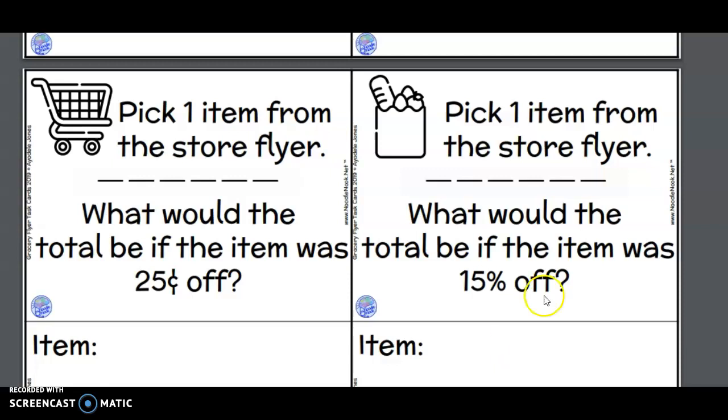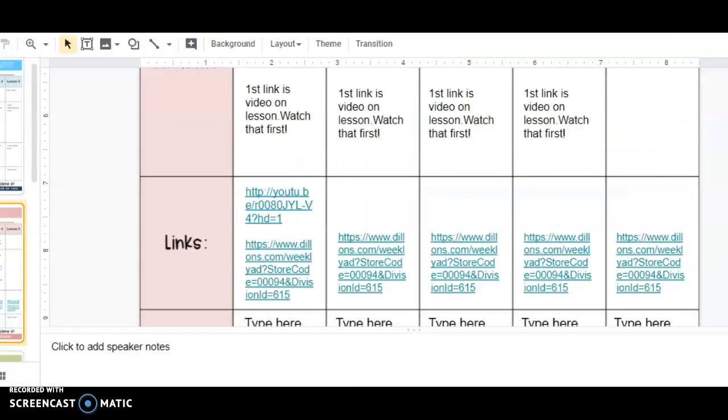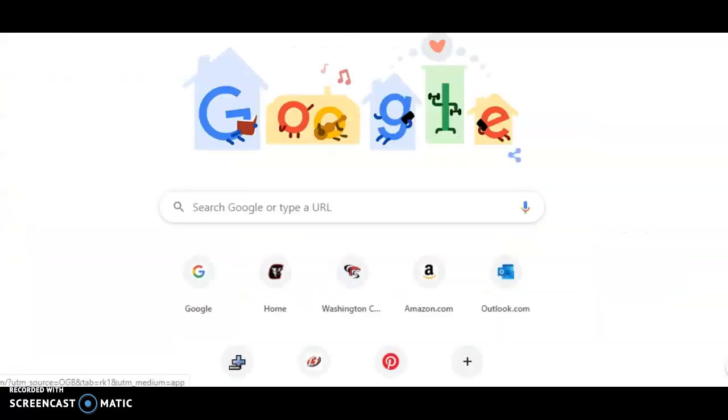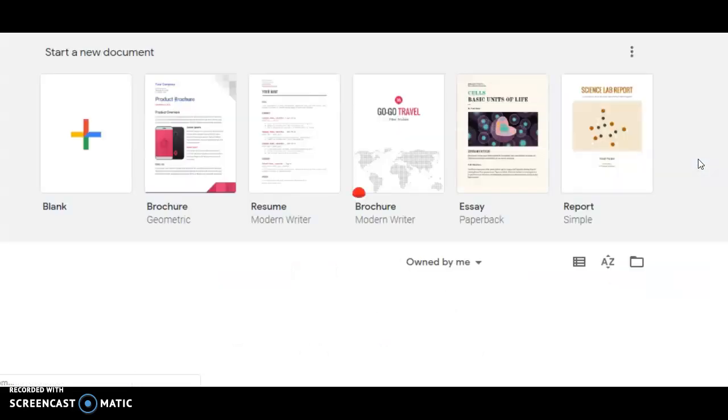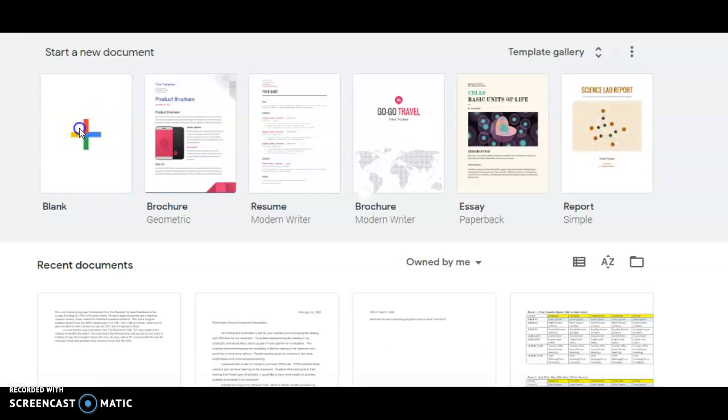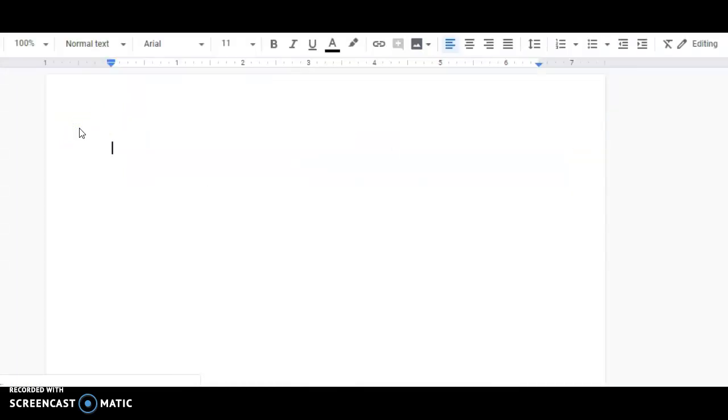So let's go through that again real quick. I am going to open up a page here for you guys to look at. I'm just going to open up a Google Doc real quick. So the way you would do that is you would do 3.99, push that on your calculator, hit the times button.